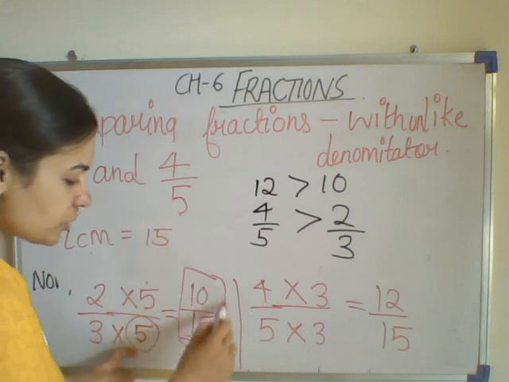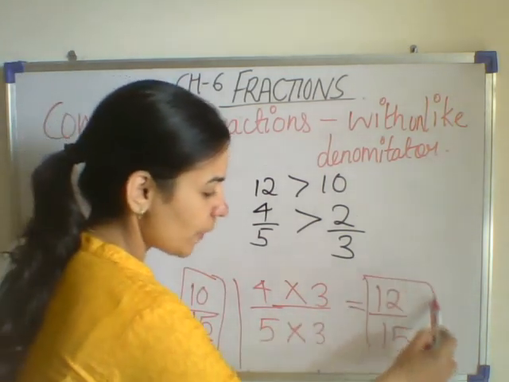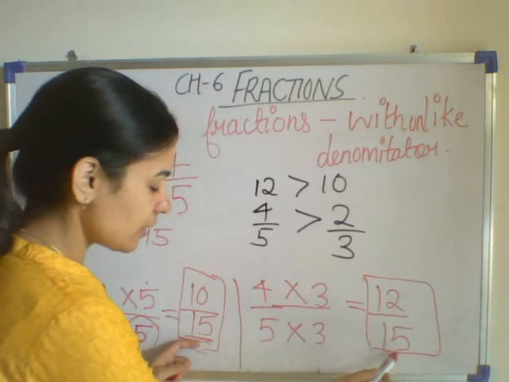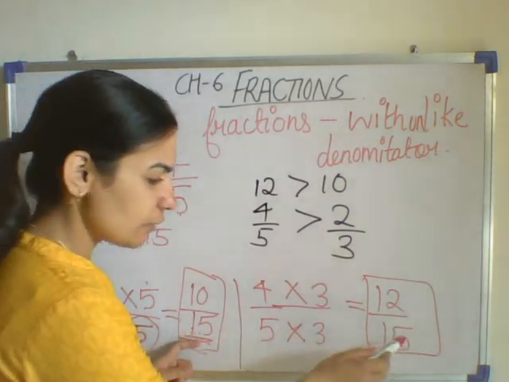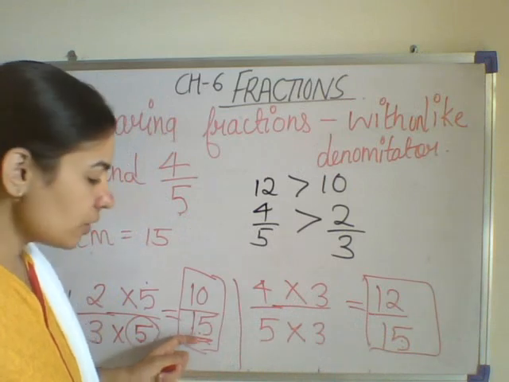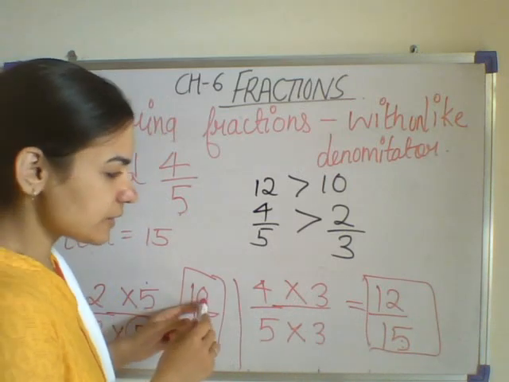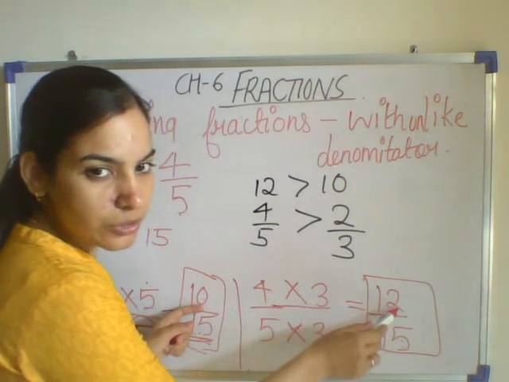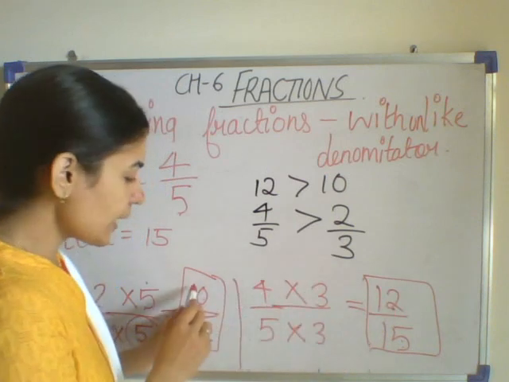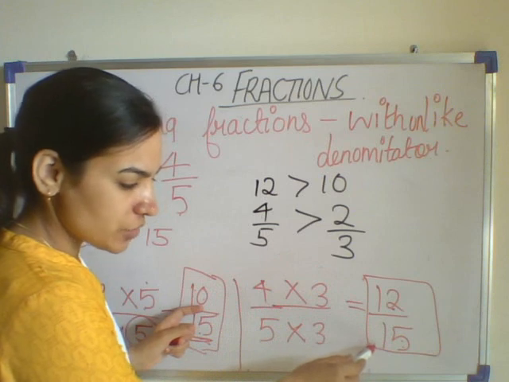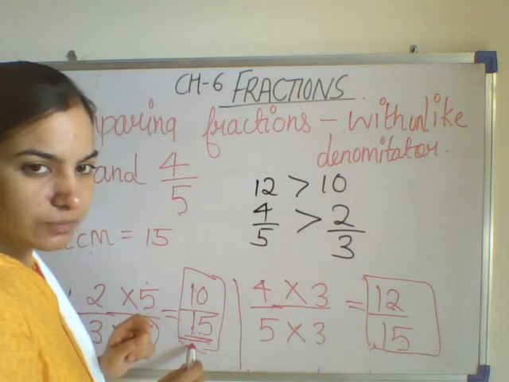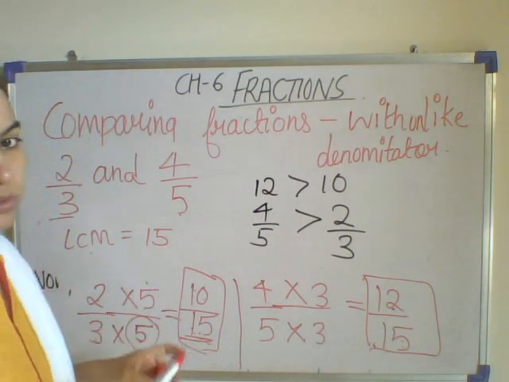Now you get the equivalent fractions. The denominators are equal, 15 and 15, and the numerators are 10 and 12. So 12 is greater than 10, so we can say that this fraction is greater than this fraction. In this way we compare them.